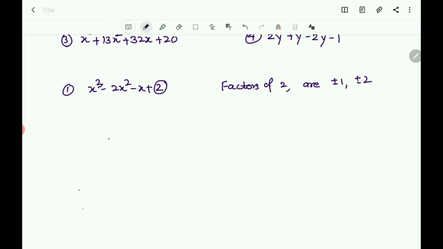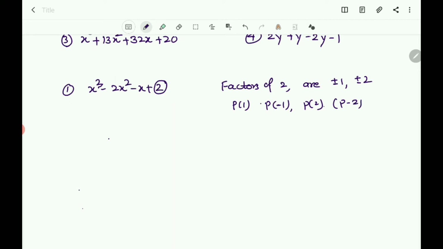And to get one factor we have to verify using the factor theorem by taking p of 1, p of minus 1, p of 2 and p of minus 2.